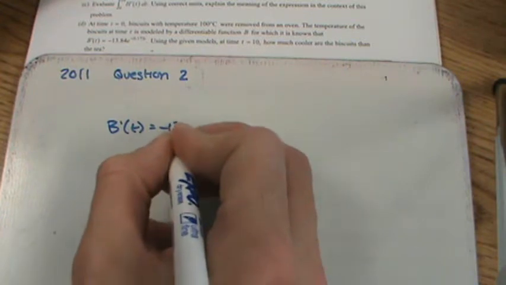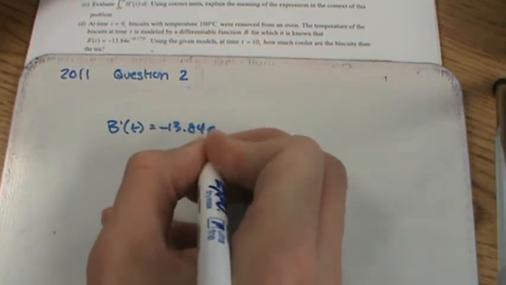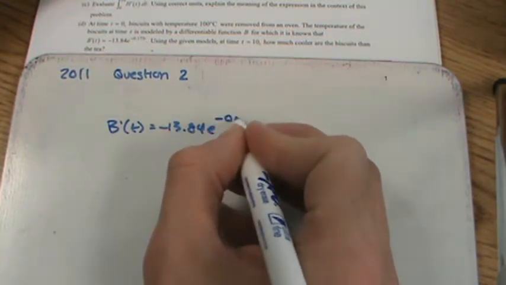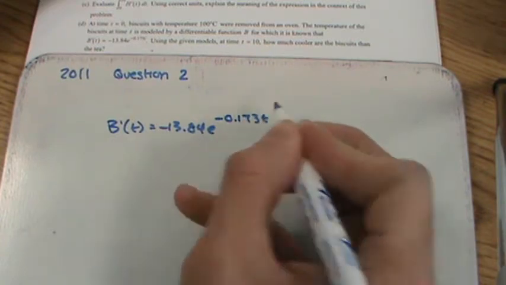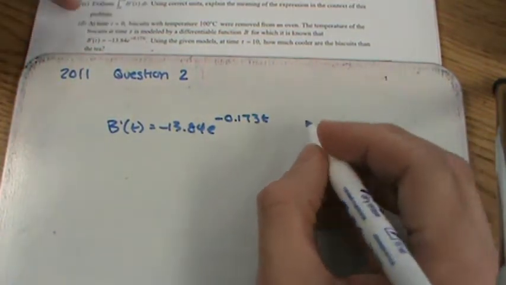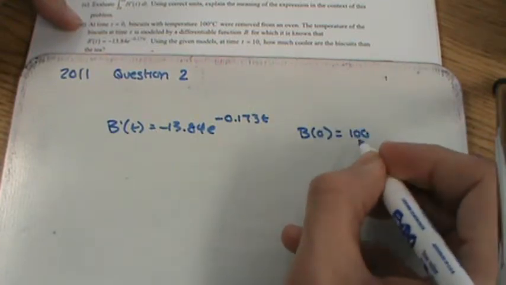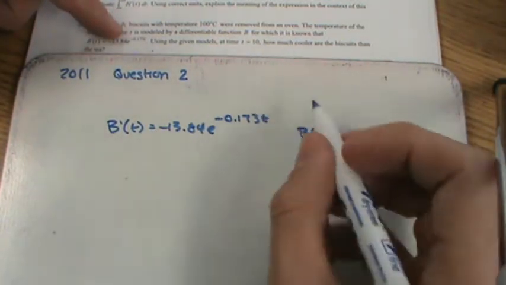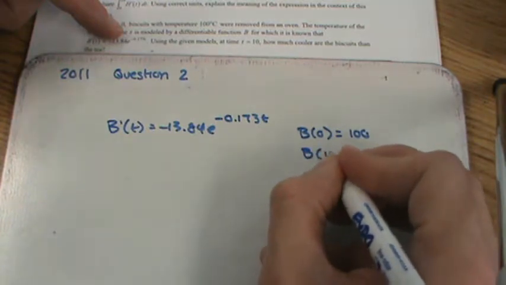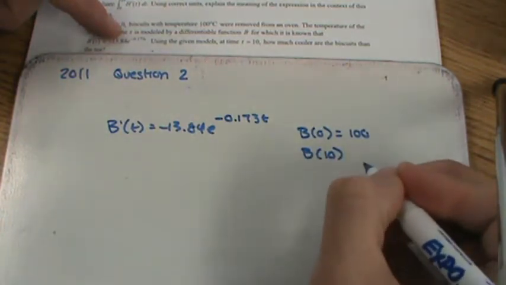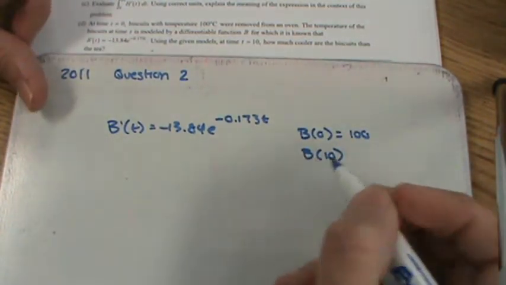All right, so what do we know? We know that b prime of t equals negative 13.84 e to the negative 0.173 t. We also know the initial temperature. We know b of 0 equals 100. We need to figure out what is the temperature at 10 and compare it to the tea. Well, this is the same thing as earlier.